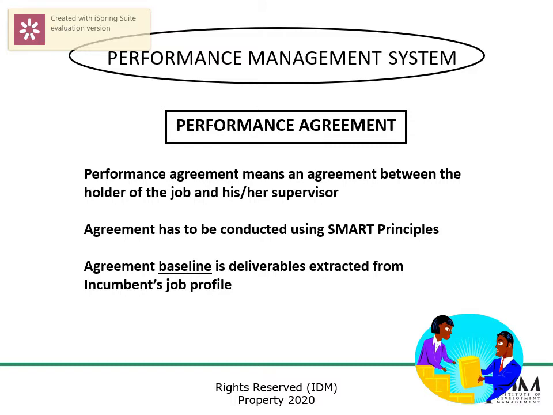The agreement baseline is deliverables extracted from an incumbent job profile. I will add one here. It's an incumbent job profile and the balanced scorecard, because a combination of the two will make a performance agreement. You cannot take the job profile and ignore the strategy, because not all the time will the profile talk to the strategy.